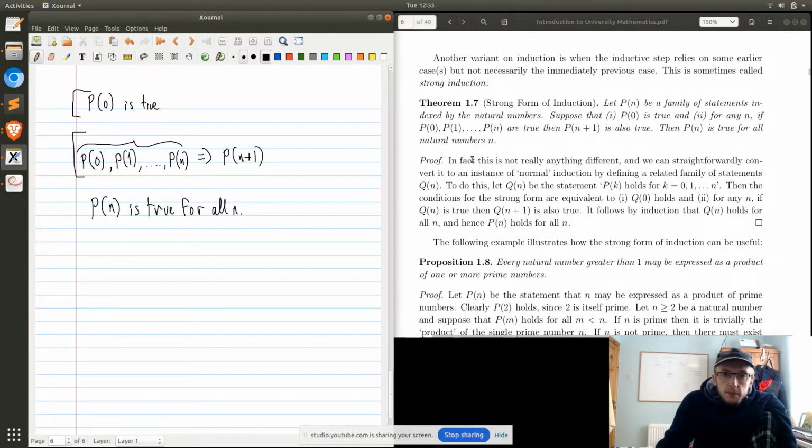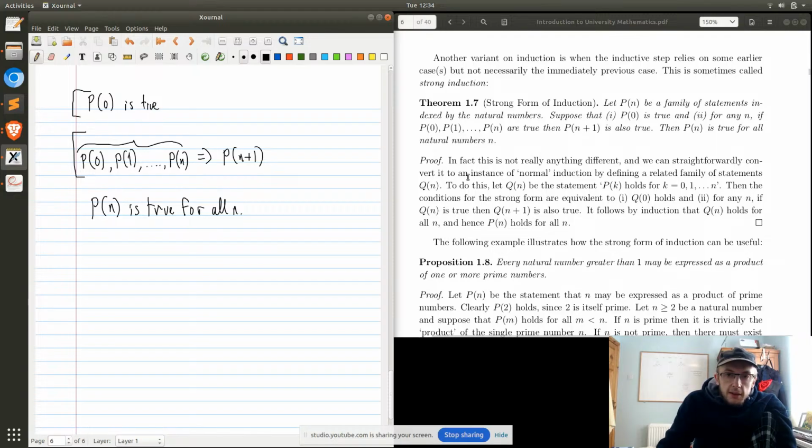What's the proof? In fact, this is not really anything different, and we can straightforwardly convert it to an instance of normal induction by defining a related family of statements, Q of n.